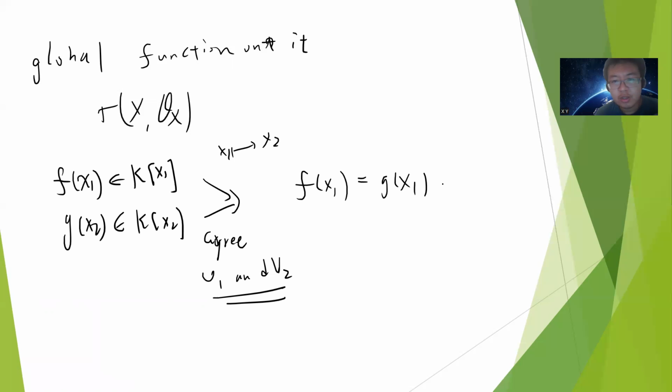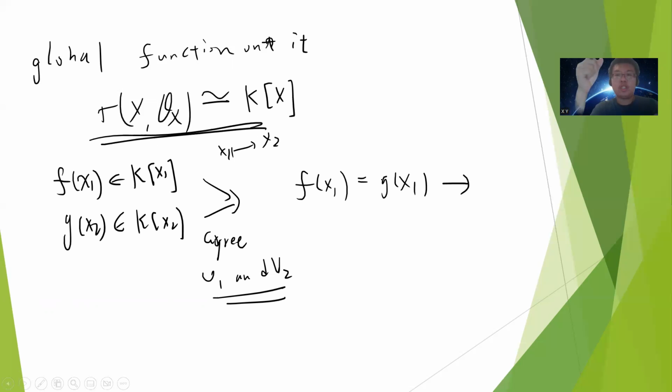This tells you that the global section is exactly k[x], because your condition is that the two affine lines have functions that agree. So now we know this is k[x].